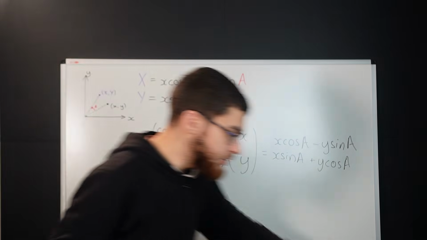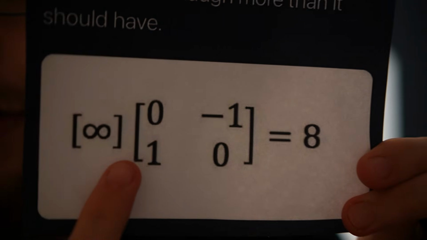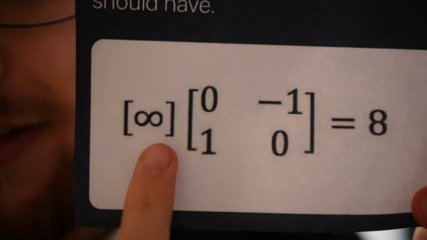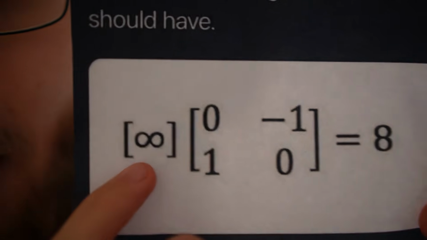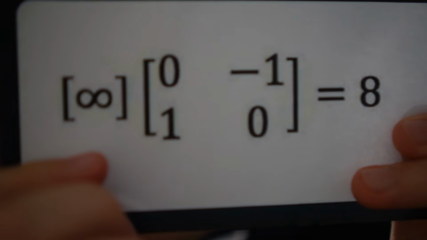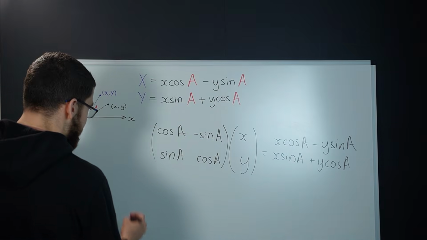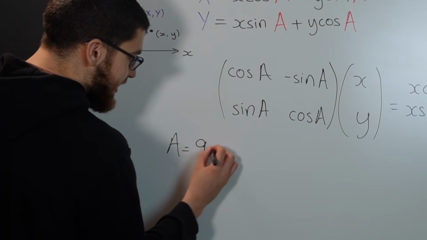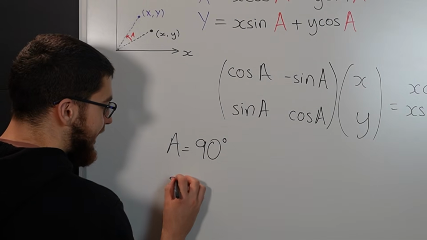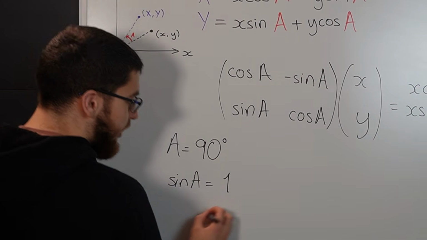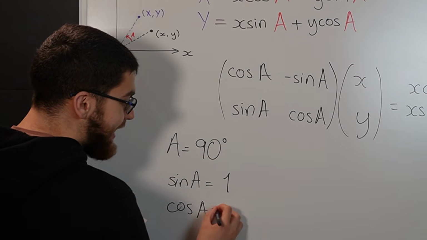Now, back to the original problem. Notice something about this? You see this? This is being rotated. Now, how much is it being rotated by? Is it being rotated by 180 degrees? Is it being rotated by 360 degrees? It's being rotated by 90 degrees. And watch what happens if we put A equals 90 degrees, we get sine A equals 1 and cosine A equals 0.